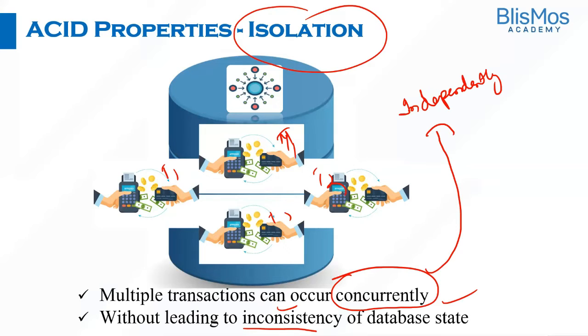As we know, at the end of the day, the data is stored in a table in a database. So whenever multiple transactions are occurring concurrently, those transactions should occur independently without leading to inconsistency of the database state. That is ensured by the isolation property.